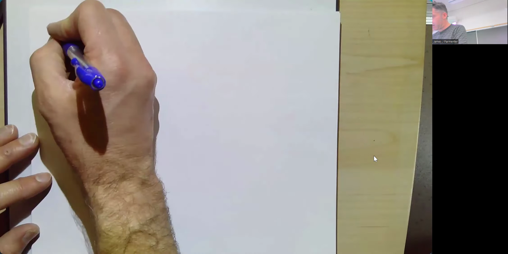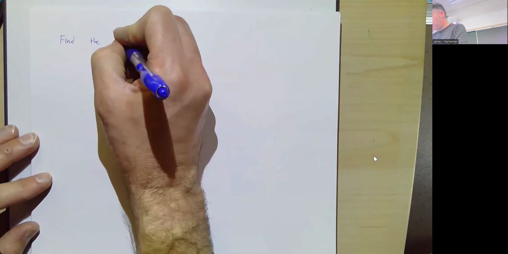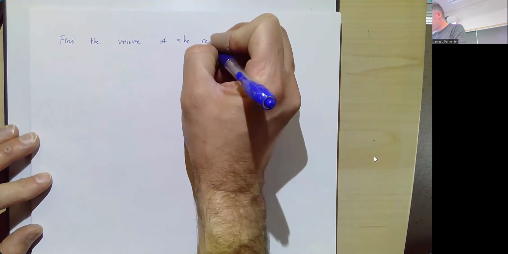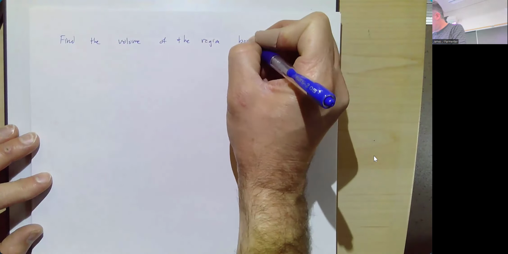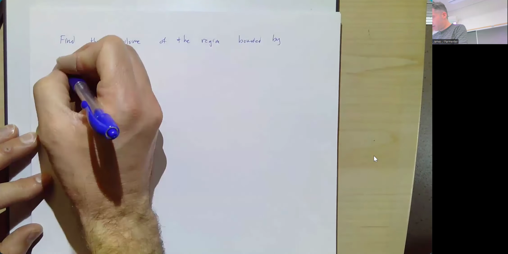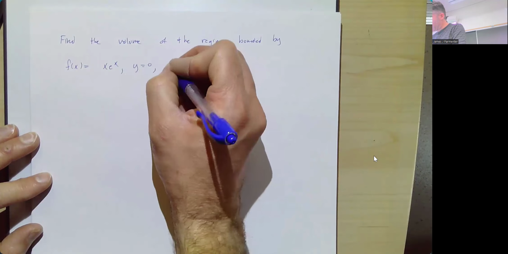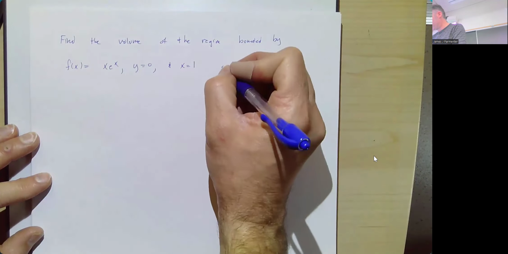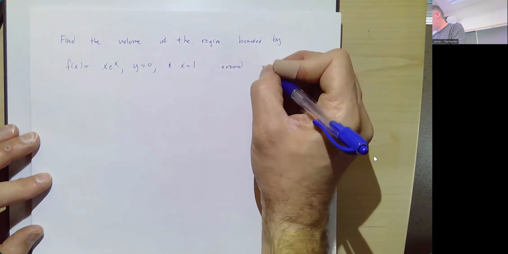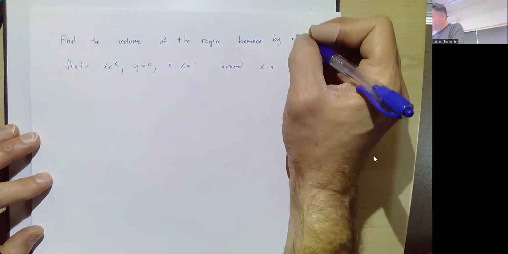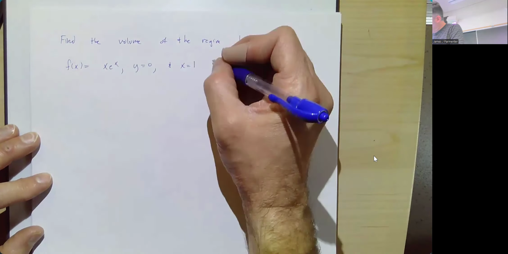All right, let's say we want to find the volume of the region bounded by f of x equal to x e to the x, y equals 0, and x equals 1, revolved around the x-axis.